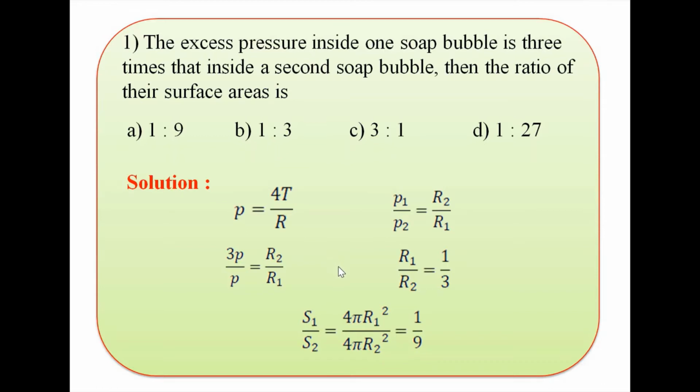So S1 divided by S2 is equal to 4 pi R1 square divided by 4 pi R2 square. 4 pi gets cancelled. Taking the ratio of their radii and squaring, that is 1 by 3 square, equal to 1 divided by 9. So option A is correct, that means 1:9. So let's see the second objective.